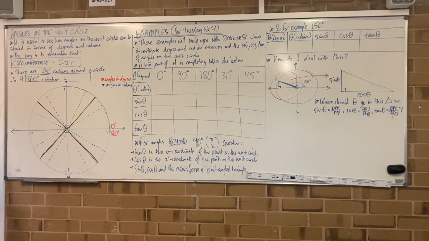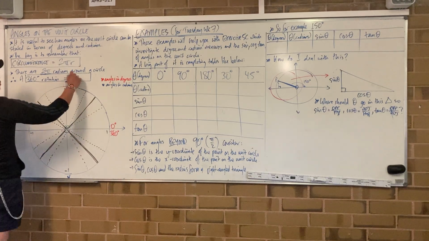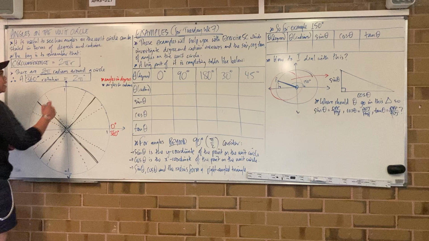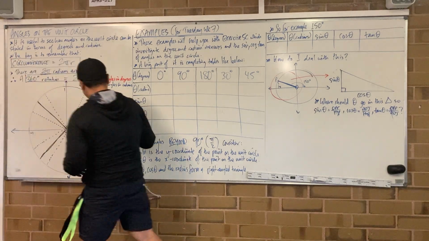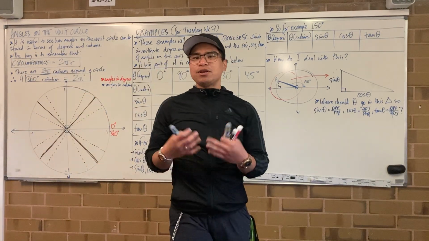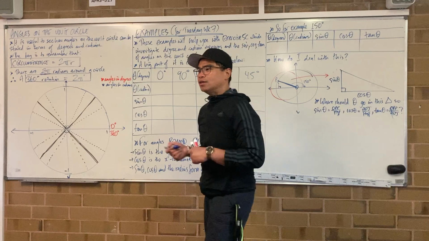So what can we say? A 360 degree rotation is equivalent to 2 pi radians. So we have a whole unit circle here, and in red I'm going to write in degrees, and in blue I'm going to write in radians. If I have rotated 0 degrees, how many radians would I have rotated through? 0.